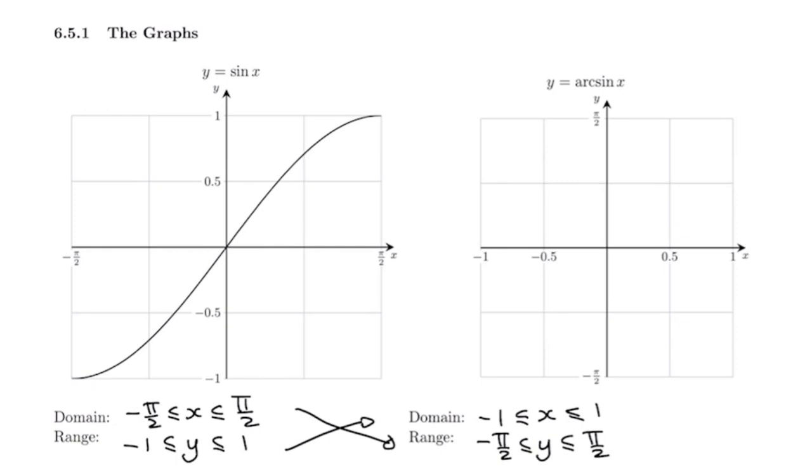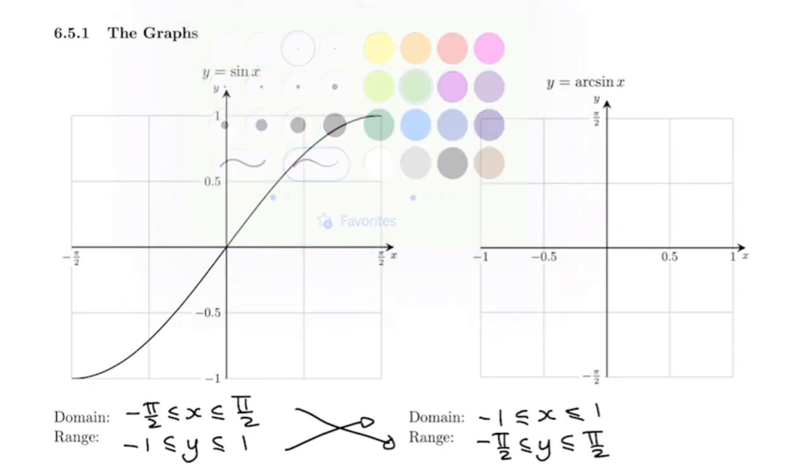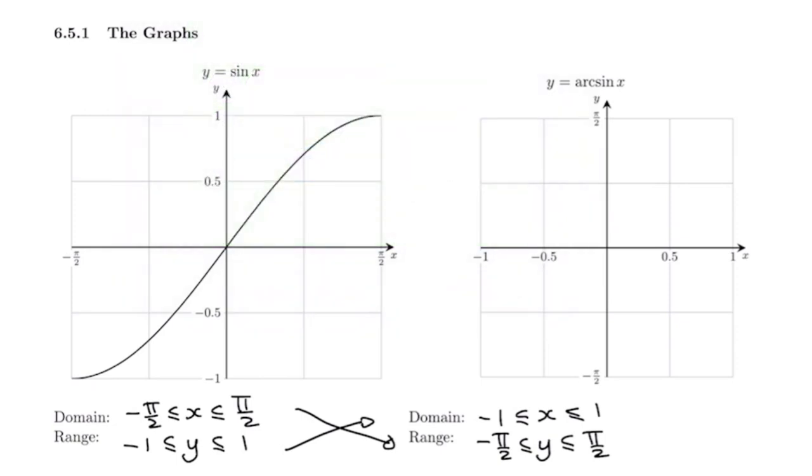Now, when we draw it, it's a good idea, if you remember, the coordinates swap round. So I'm going to pick three coordinates. I'm going to pick the minimum, the origin, and the maximum. And I'm going to swap those coordinates around. So the minimum was the coordinate negative pi over 2, negative 1. So that becomes negative 1, negative pi over 2. The origin, of course, 0, 0 stays 0, 0.